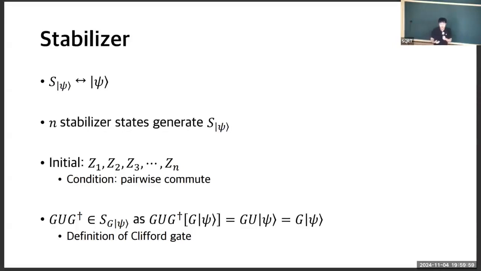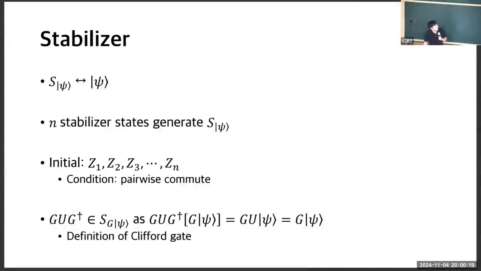And for the initial condition, all 0 would have Z1 to Zn as the stabilizers. Here we need to use that they are pairwise commutable because that makes them an independent set of generators.